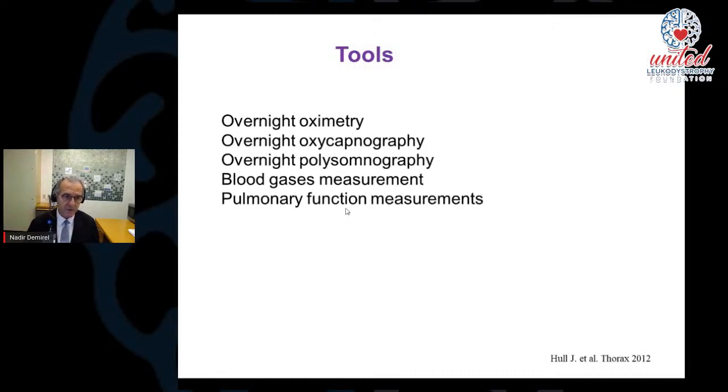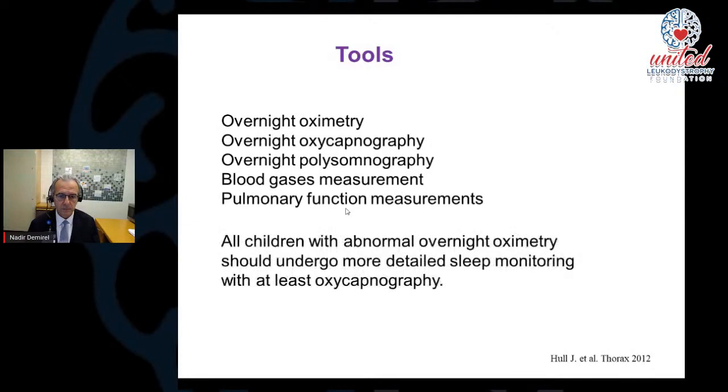Another problem is that even if they are cooperative and old enough, they may not want to do it, or they may not be able to do it. This requires a lot of coordination. And also, you can have a leak from your mouth. This will falsely show the numbers smaller than they are.